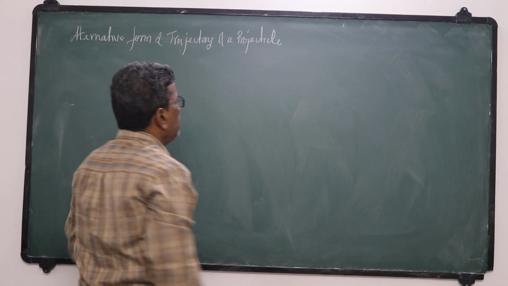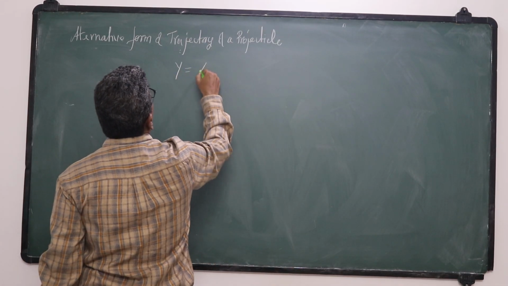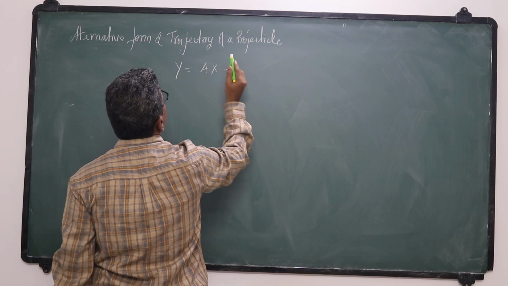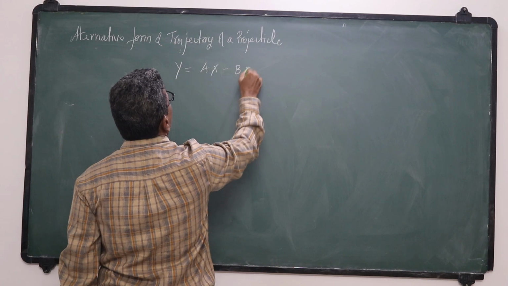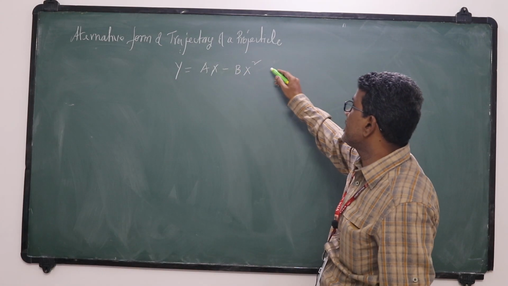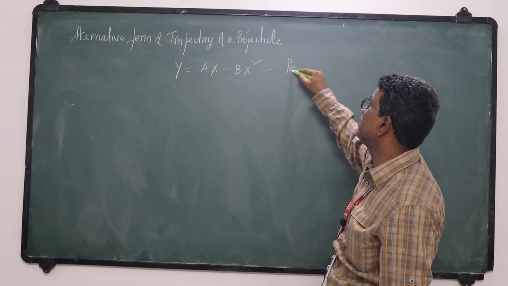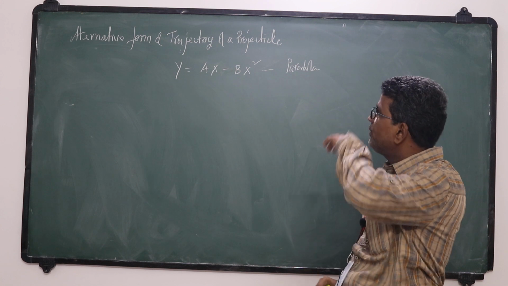I told already, y is equal to ax minus bx square. I said this is the equation of trajectory, that is a parabola.